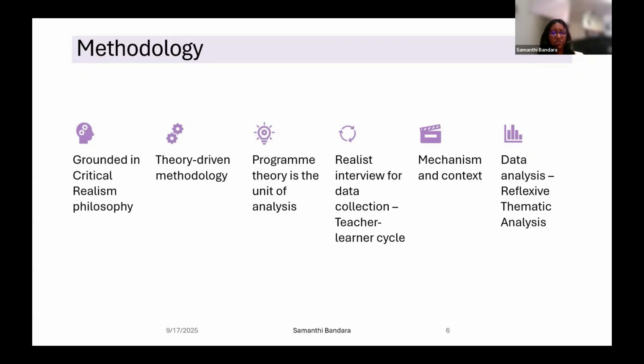What are the mechanisms in realist evaluation? Mechanisms are why and how people change or don't change when they are exposed to an intervention. It is the reasoning and reaction of individuals in response to resources offered by the intervention within a specific context.